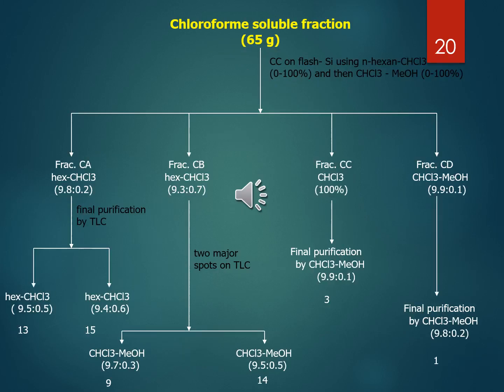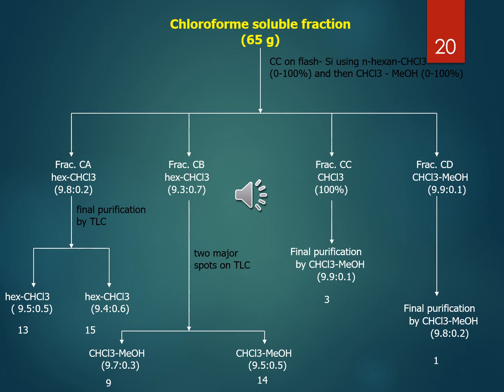The chloroform soluble fraction, that is 65 grams, is subjected to column chromatography over silica gel using hexane-chloroform, pure chloroform, chloroform-methanol, and 100% methanol in the increasing order of polarity. In this way we obtain 4 subfractions: fraction Ca, fraction Cb, fraction Cc, and fraction Cd.